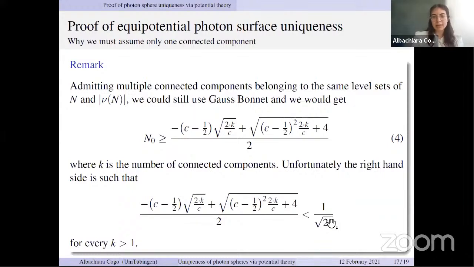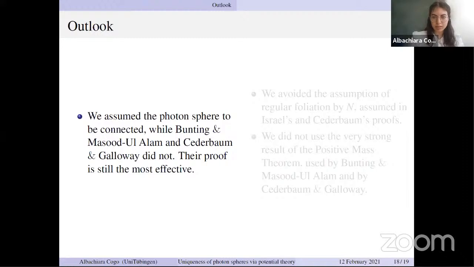These two observations are what I'm going to point out at the end, because as I said at the beginning, there were other proofs of this theorem, and in fact the Bunting-Masood-ul-Alam and the Cederbaum and Galloway adaptation didn't assume the photon sphere, or the equipotential photon surface, to be connected, which was the case in this proof.